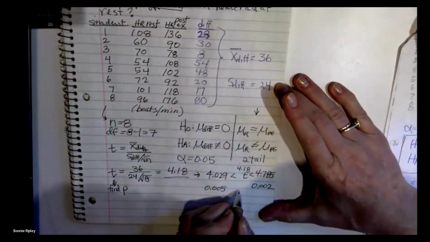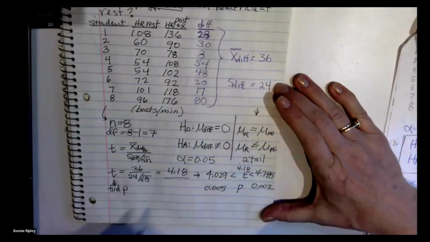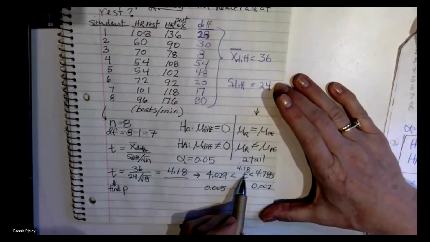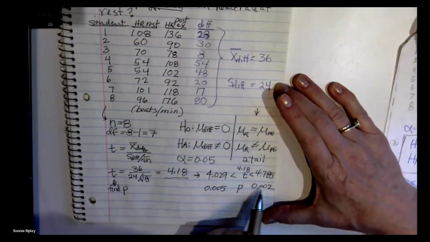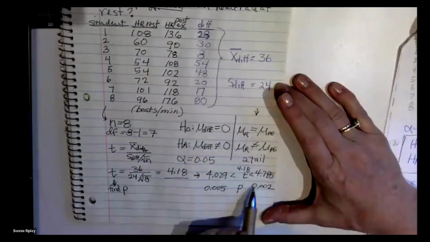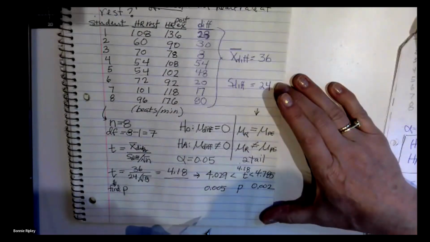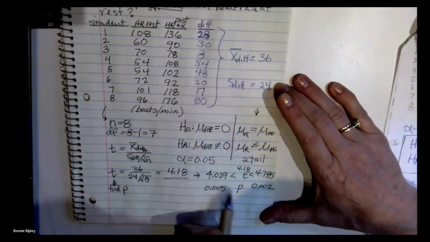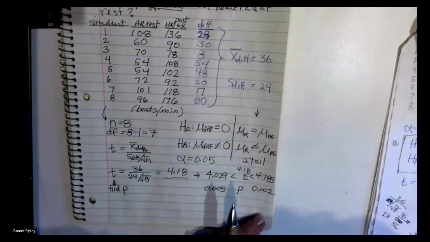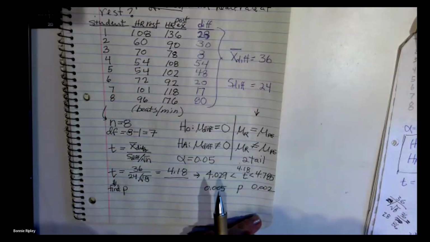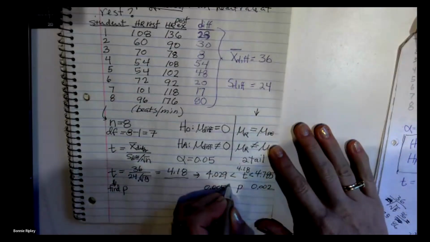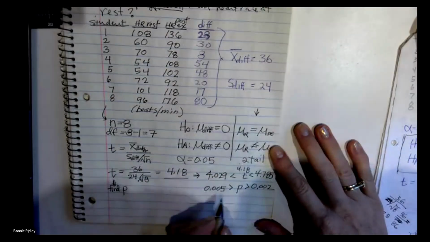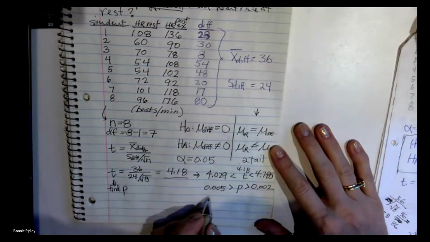So our t was in between these two numbers, so our p is going to be in between the numbers that we find associated with those values of t. However, t's get bigger as we go to the right, but p's get smaller as we go to the right on the table. So as we go from the t to the p, we're going to flip the greater than, less than signs.